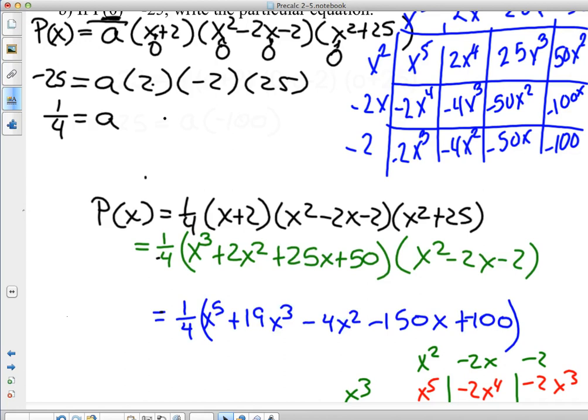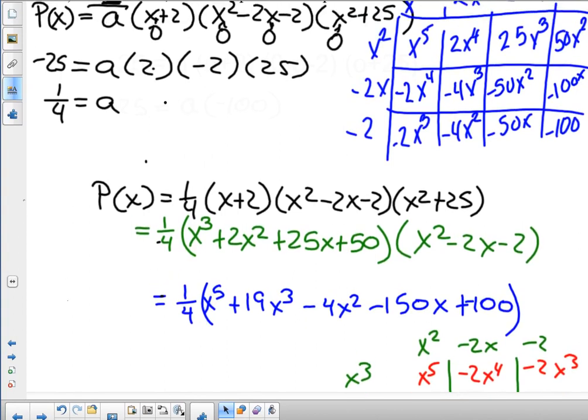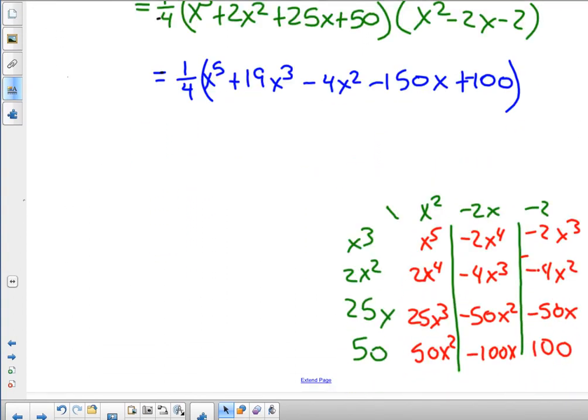If I combine my like terms, now I'm going to multiply it by 1/4 as I go through. And I actually did my factorization down here earlier. We'll just drop it down. My last one, I can leave it that way with my P of X, or I can leave it like this.